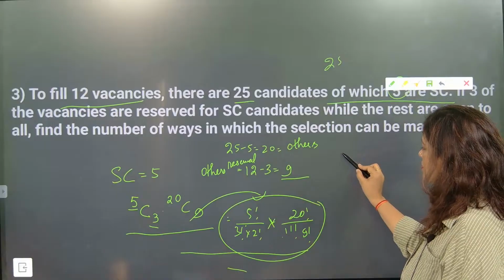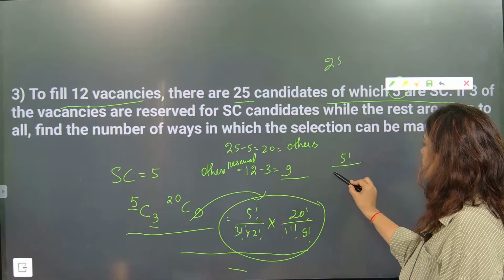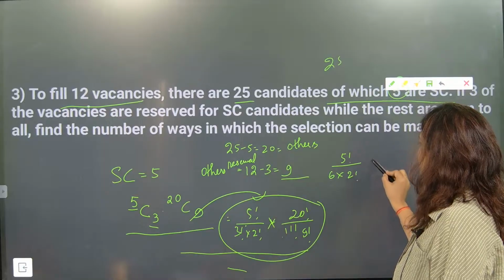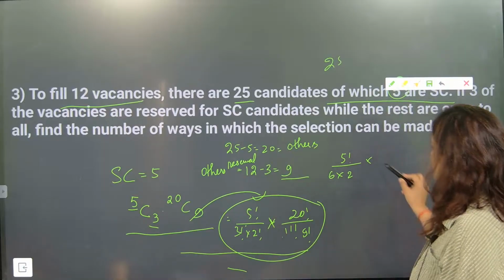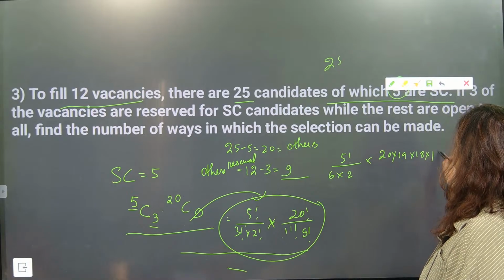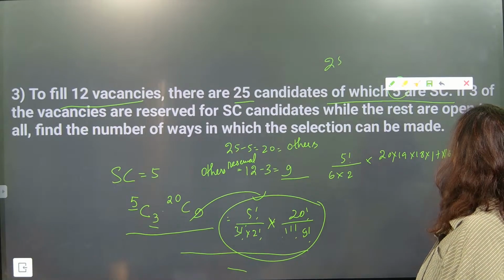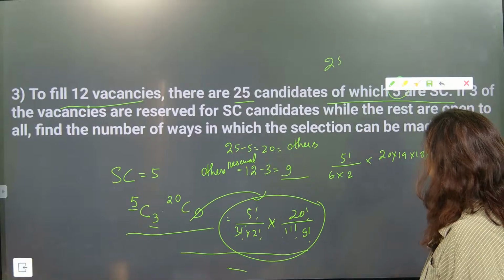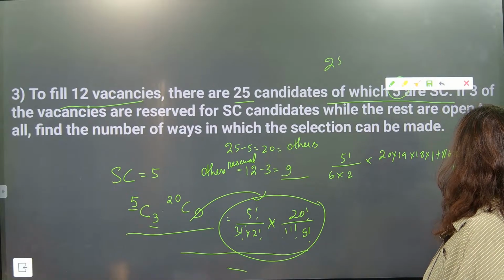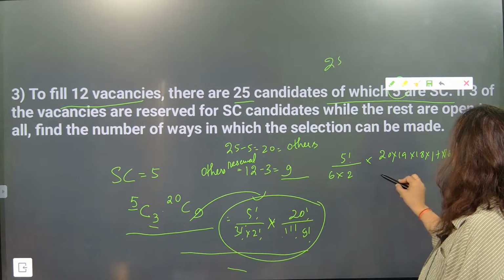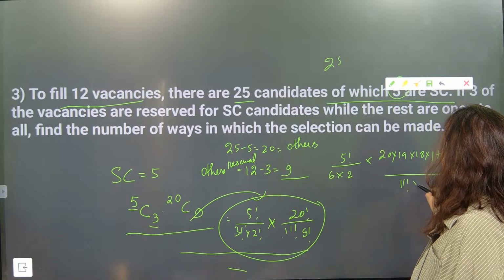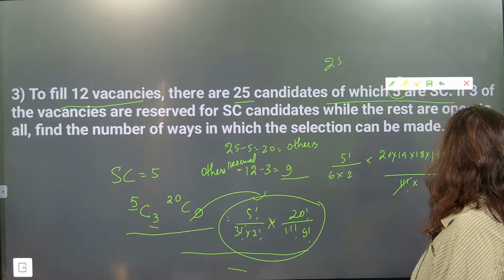So 5 factorial, 3 factorial, that is 3 sixes, into 2 factorial, that is 2, 6 twos are 12. Now here 20 into 19 into 18 into 17 into 16 into 15 into 14 into 13 into 12 into 11 factorial, divided by 11 factorial into 11 factorial.